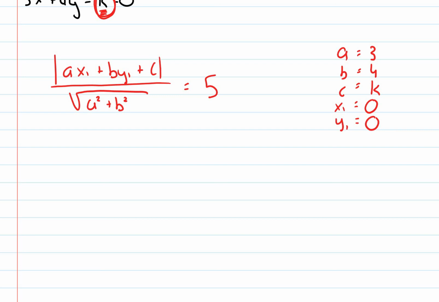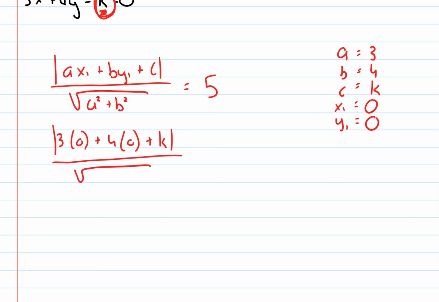Right, let's slot in what we know then. We know a is 3, x1 is 0, plus b is 4, y1 is 0, plus c, which is k, all over the square root of 3 squared plus 4 squared, and that equals 5.